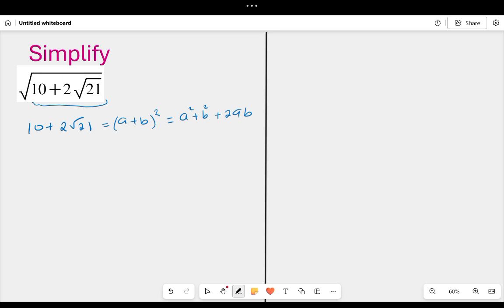Clearly, we can compare a squared plus b squared to 10. So we can say a squared plus b squared is equal to 10.